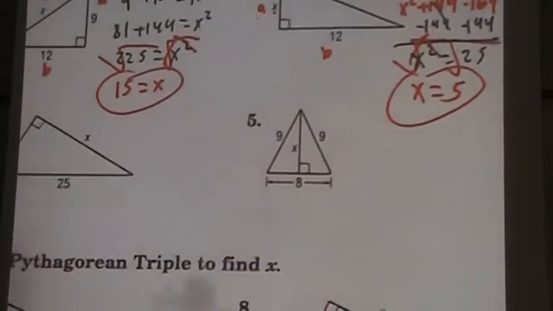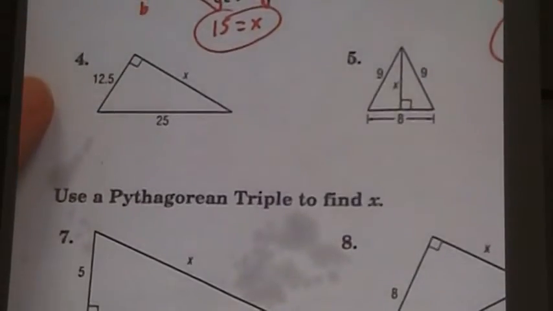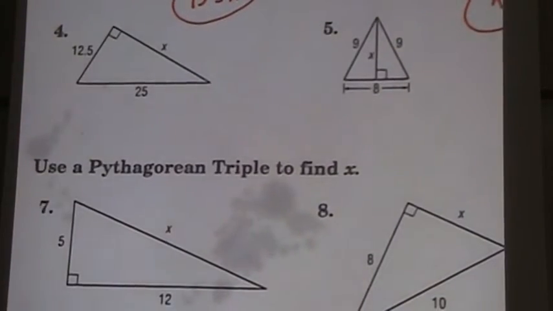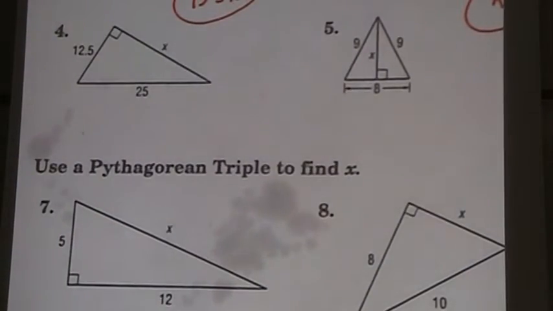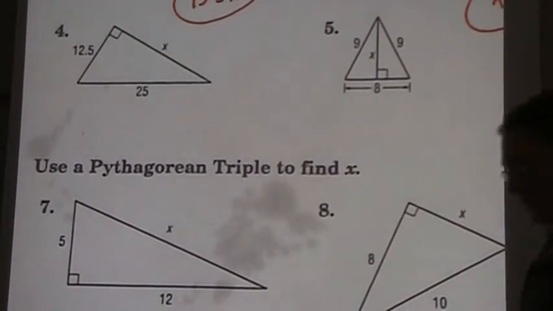Check out number 4. We're definitely going to get a decimal on this one, I think. And I'm going to need to get my calculator, because I'm going to have to play with that 12.5 number.